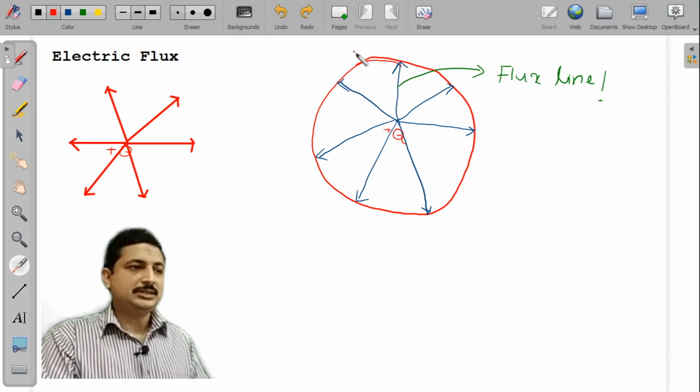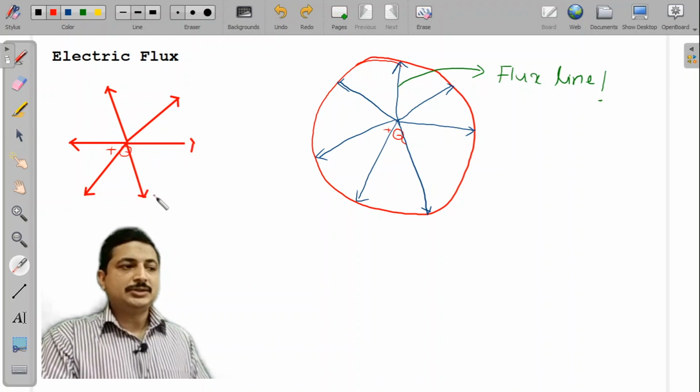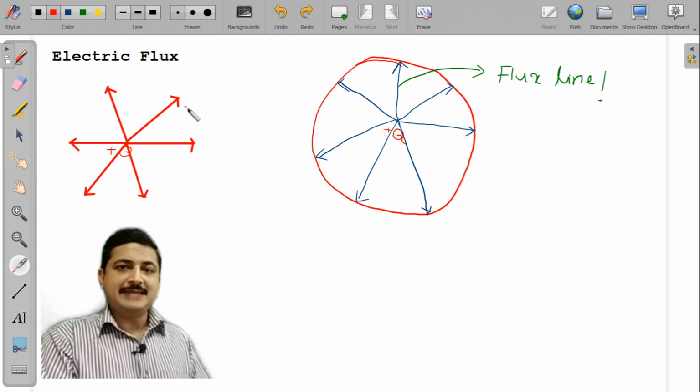Instead of drawing it like a circular field, I can just draw a field like this, where these are flux lines. Agree? So this is the representation of a field by Faraday, and he says that this field is a scalar field.